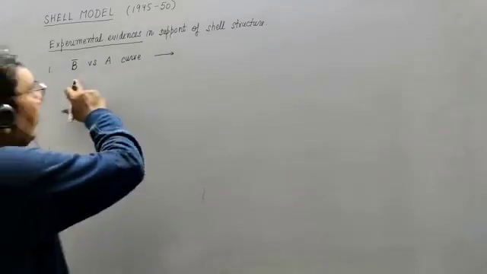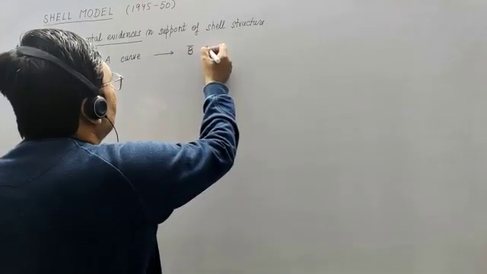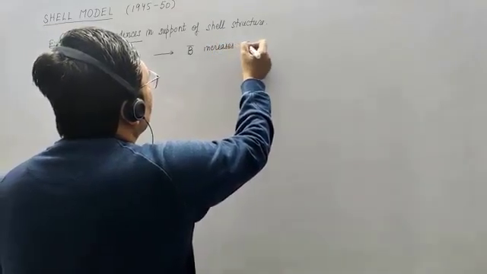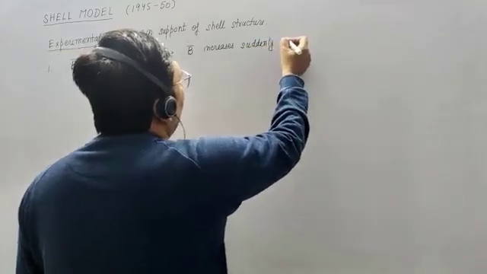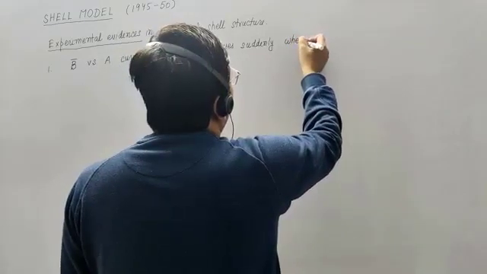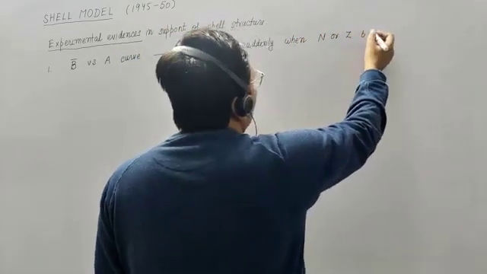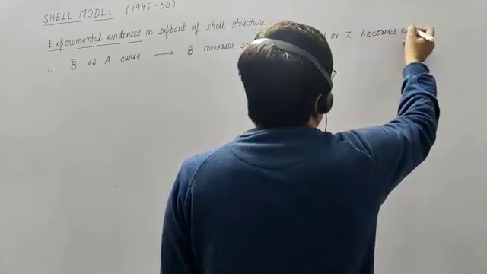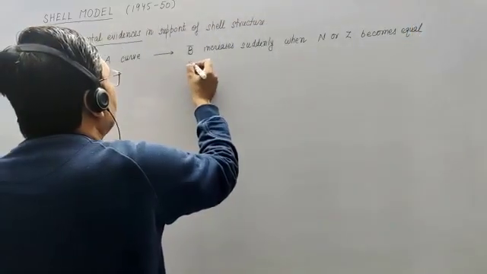So when you plot this type of curve, you will observe that the average binding energy increases suddenly when N or Z becomes equal to a magic number.